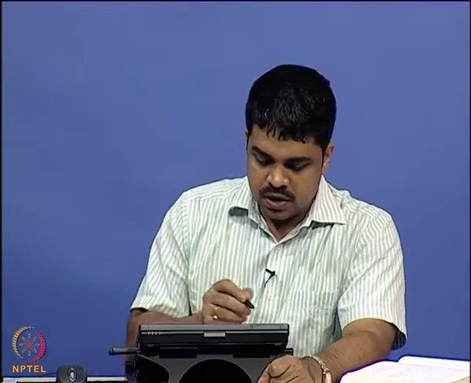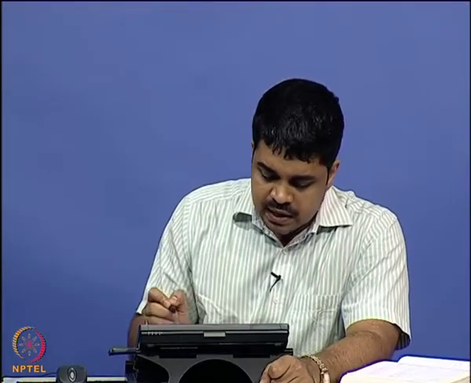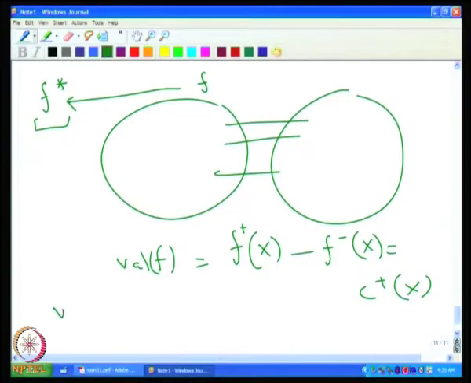In general, let us assume that all the capacities are finite, and then there is a maximum flow that can be achieved. So let f star be that maximum flow, then the value of f has to be less than or equal to the value of f star, because that is the definition of the maximum flow.